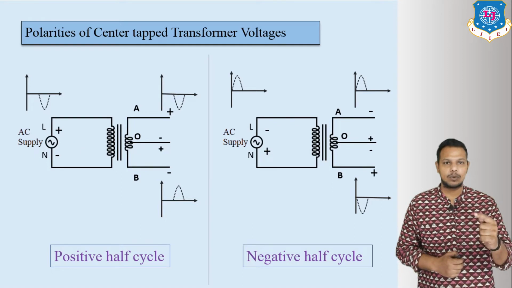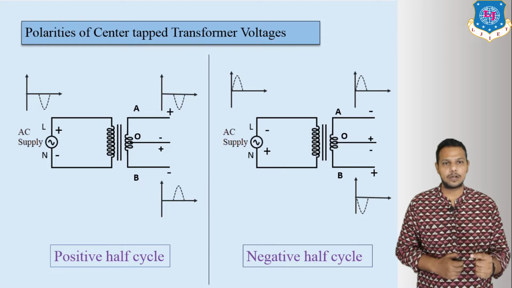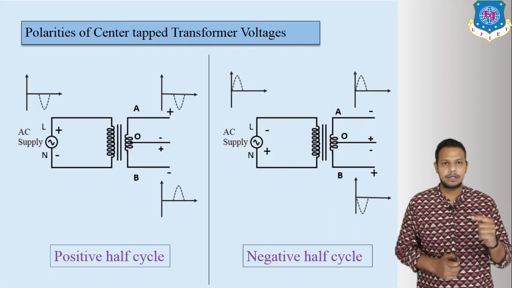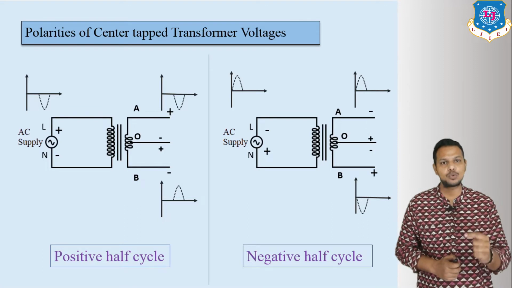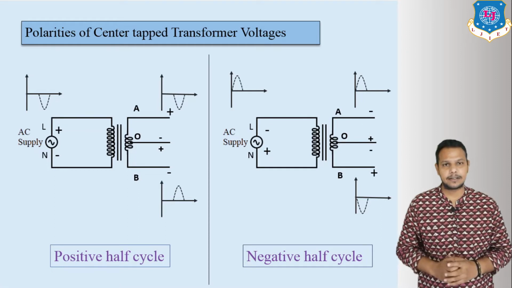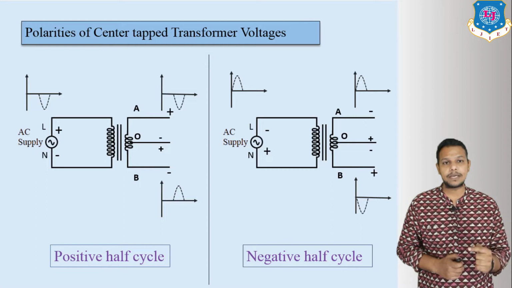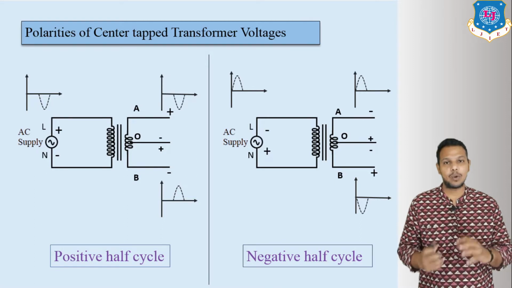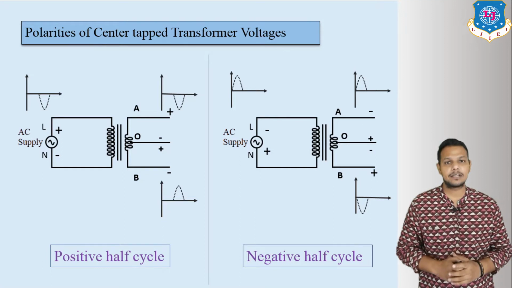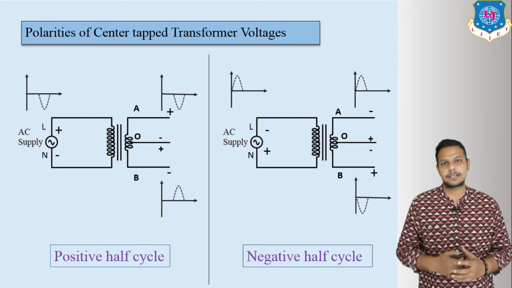Here one is point A, the center is O, and the lower point is B. We get voltages A to O and B to O at the secondary side. But the voltages VAO and VBO are 180 degrees phase shifted with each other. Remember this, it is the most important thing we are going to use in this circuit diagram.